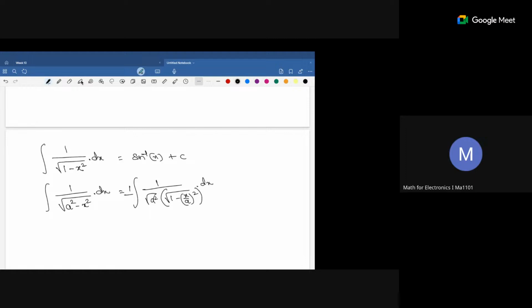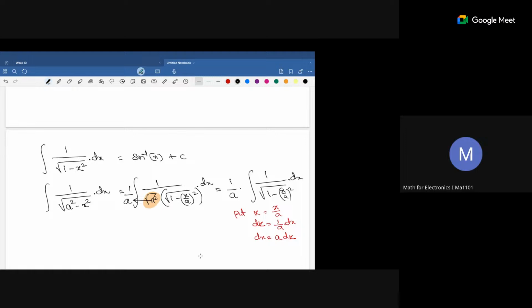The square root of a square will come out and become a, and this will simply be 1 by a integral 1 by square root 1 minus x by a whole square dx. Now you just have to do a substitution. Put k equals x by a. Now dk will be 1 by a dx, then dx would be a dk.